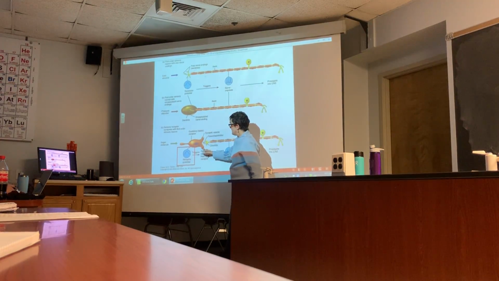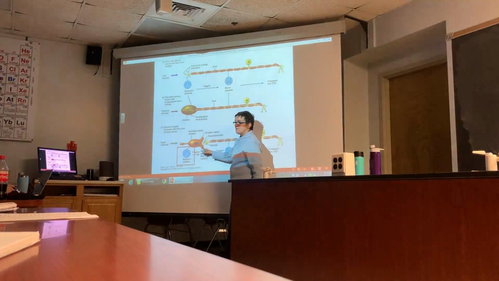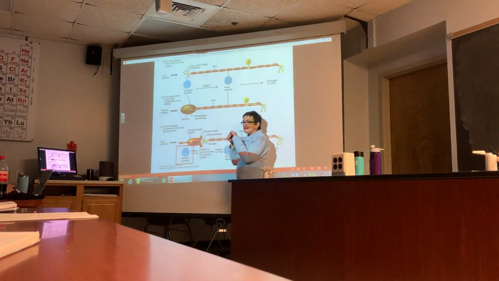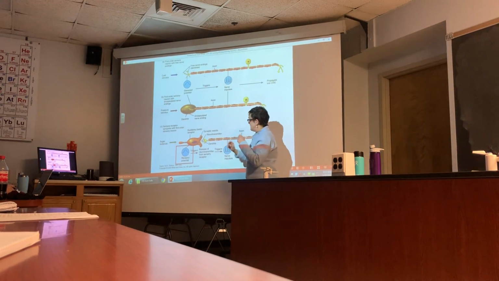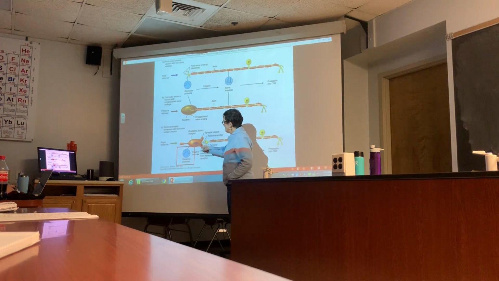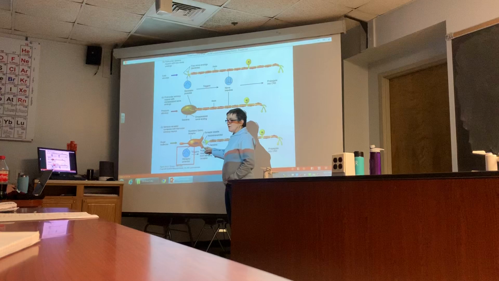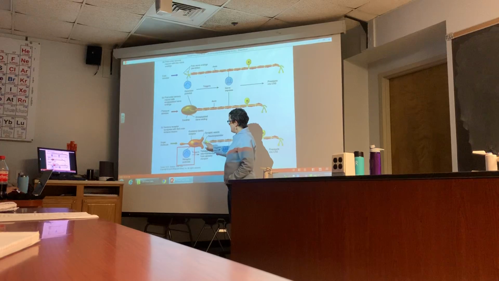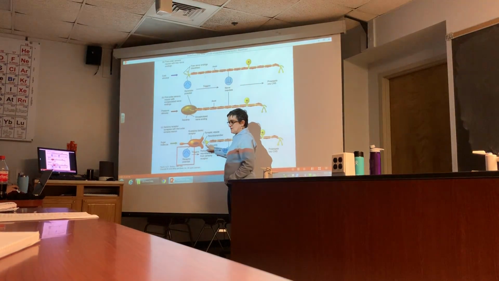So here's a bunch of synaptic vesicles like you would find in a synaptic end bulb. These cells are just little cells. They don't have axons and dendrites, but they have the ability to release neurotransmitter.